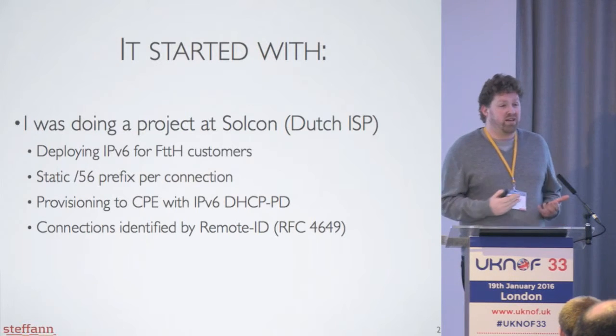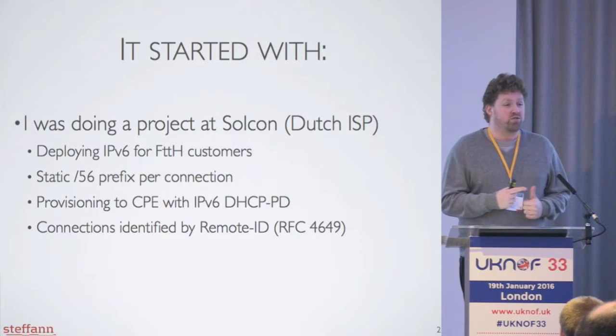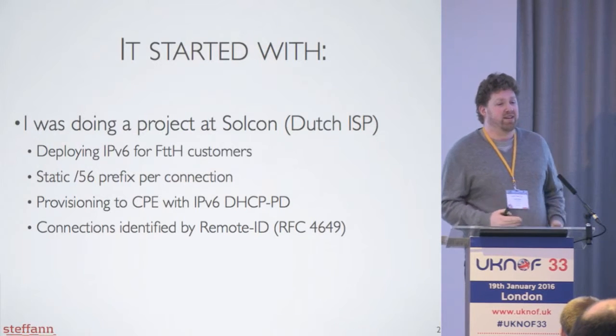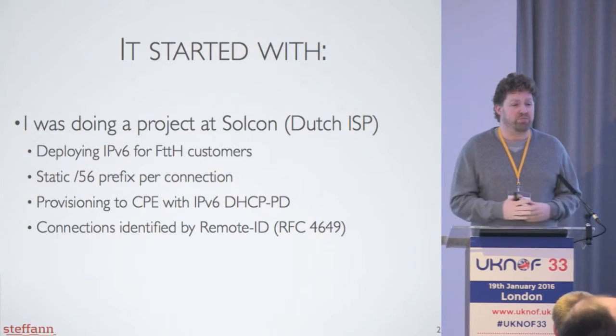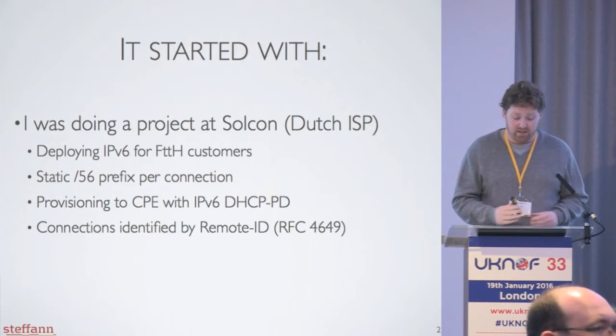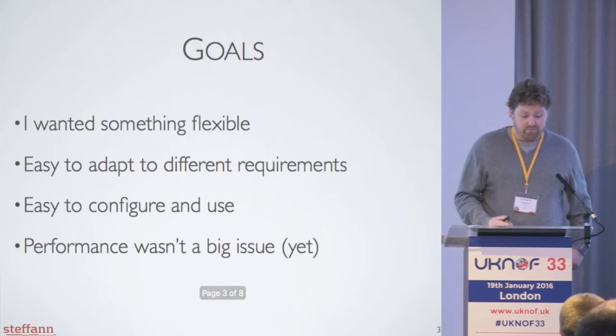Some of the reasons why I wrote my own, the problems I ran into: most DHCP servers are, well, the D in DHCP stands for dynamic, and they were actually fully dynamic. But for an ISP, you just want fixed assignments, like this customer, this address, and that's it. And that was really hard to do.